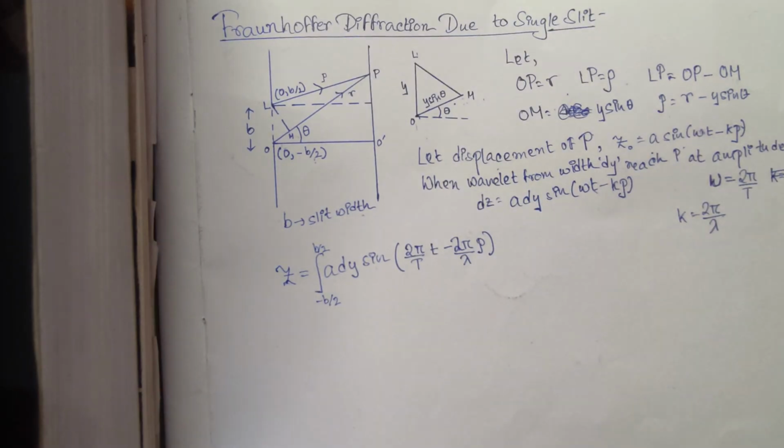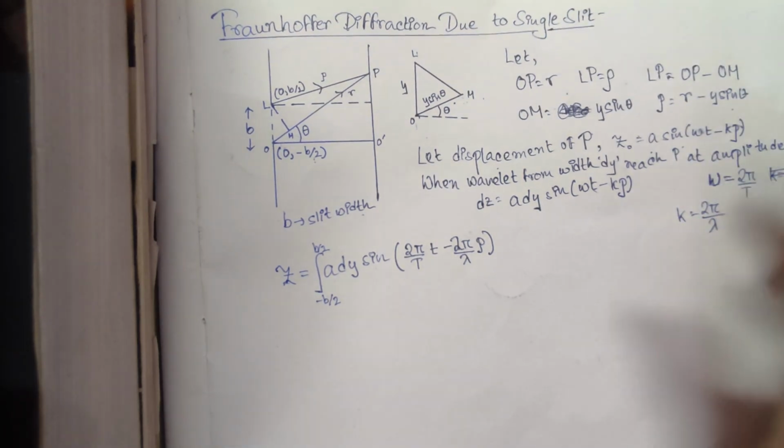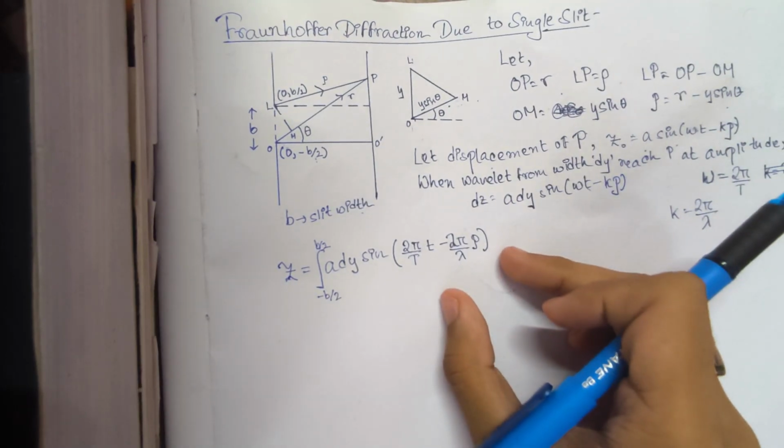Now what we have seen earlier is that rho equals r minus y sine theta, so we can put the value of rho in this equation of z.